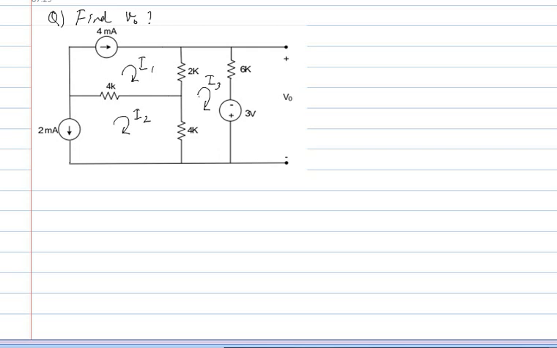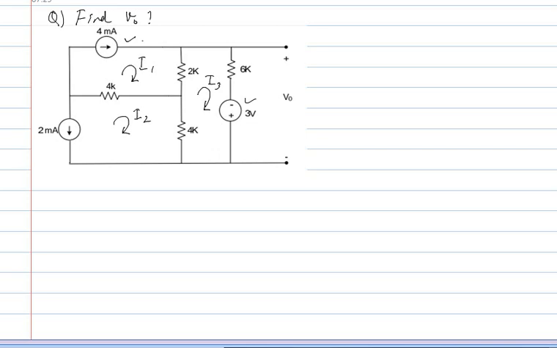Now see, this problem is particularly important for you all to understand, that is what happens when we have a current source in a mesh analysis. Up till now the problems were all about voltage sources, but now we have a current source.